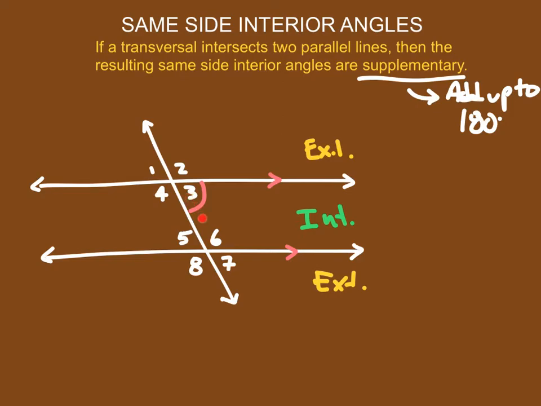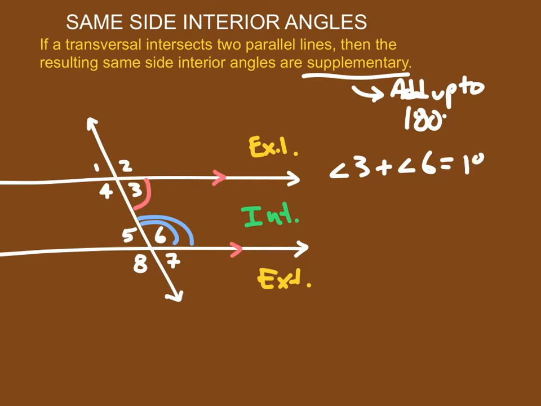It's same side, so we're not going to alternate onto the other side of our transversal, but we're going to look at this angle down here that is on the same side of our transversal that's interior. Now, angle 6 is that angle. And what we can say is that angle 3 plus angle 6 is equal to 180 degrees, okay?